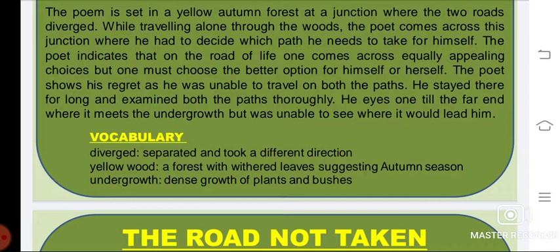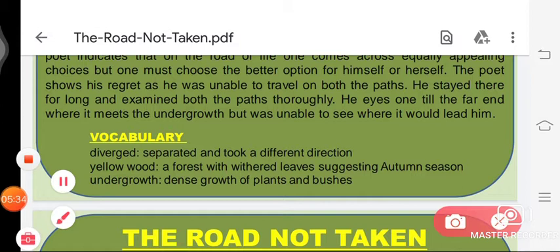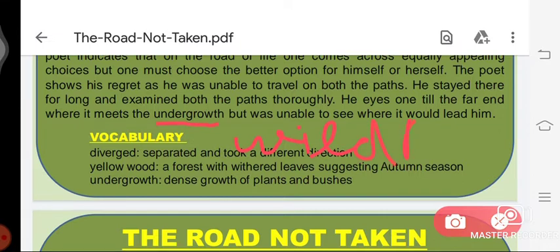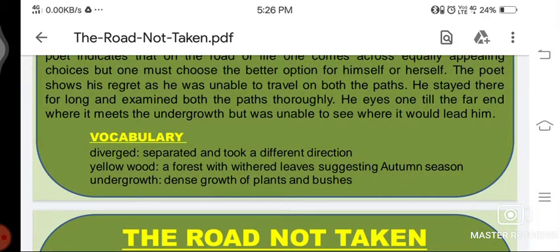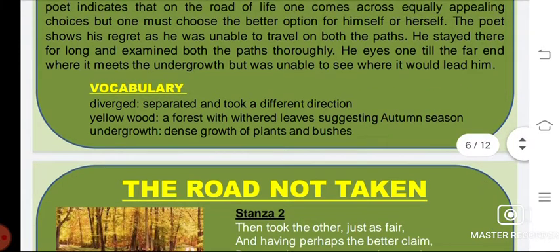He eyes one till the far end where it meets the undergrowth, but was unable to see where it would lead him. Undergrowth means wild bushes.